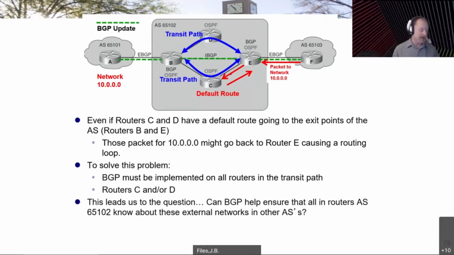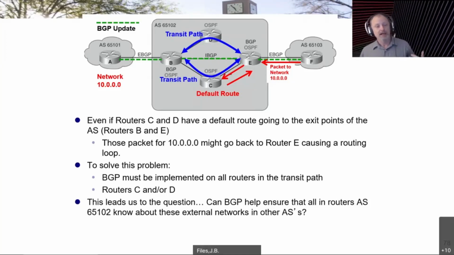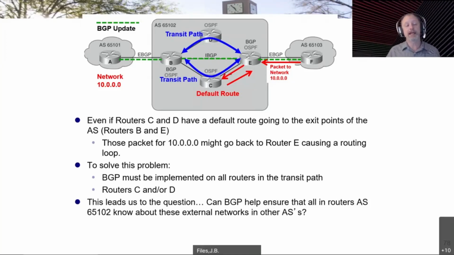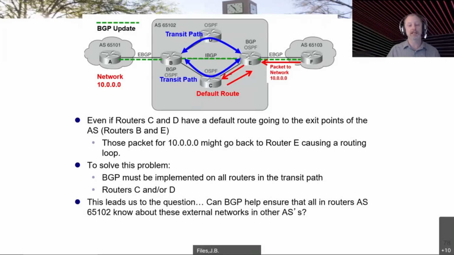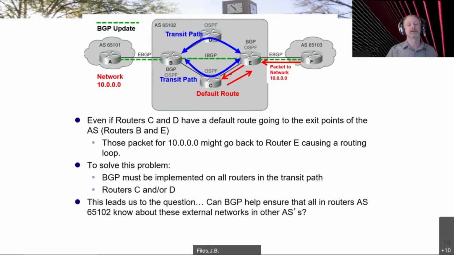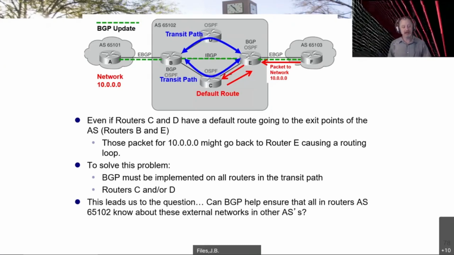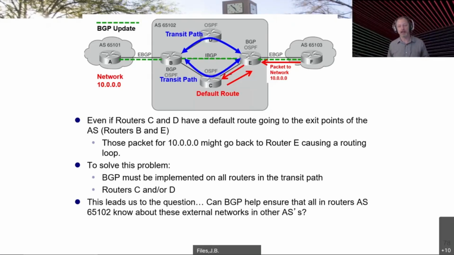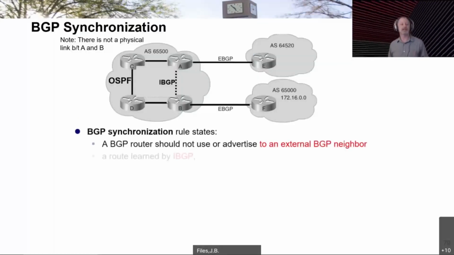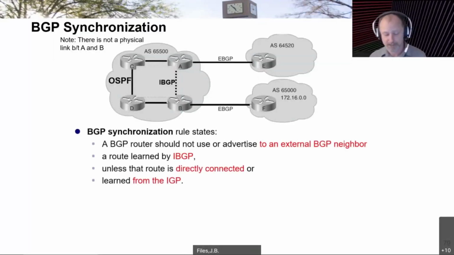So that begs the question, can BGP help ensure that all the routers in an autonomous system know about these external networks in other ASs? That brings us to BGP synchronization.